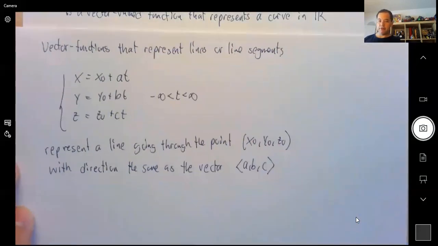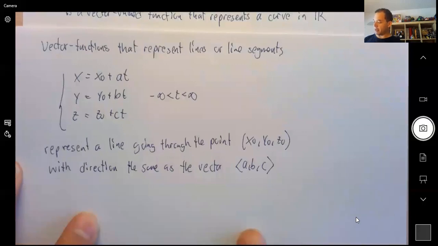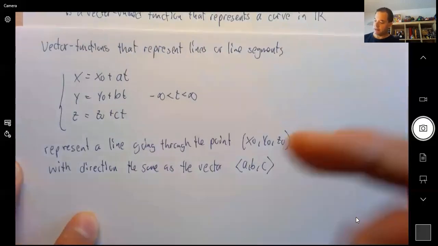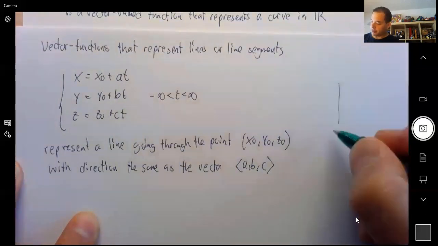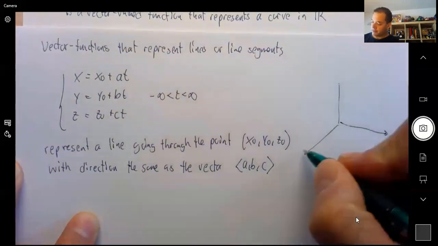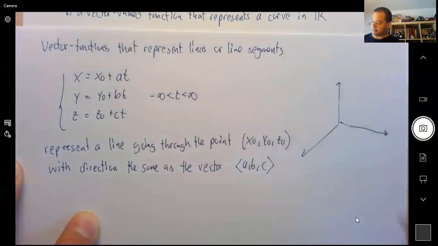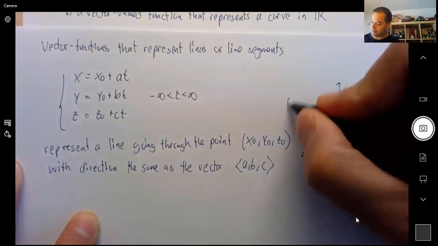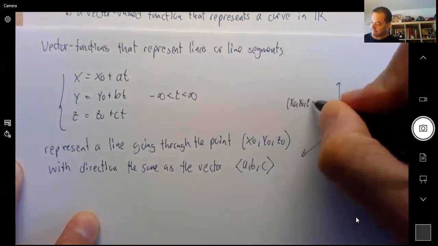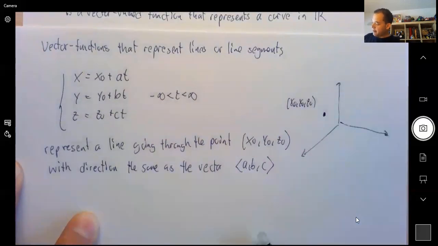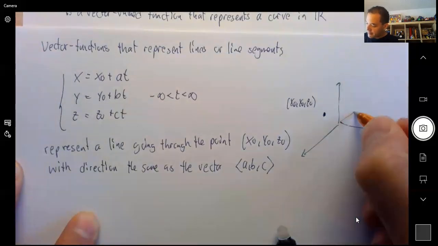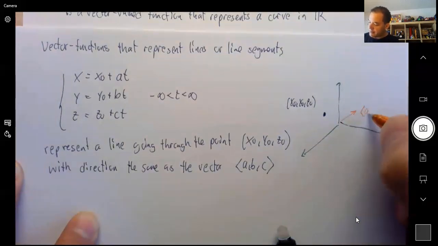All right, so here's the picture that you should have in mind. Remember, we're in three-dimensional space. We have this point x0, y0, z0, and we have a line that points in this direction, maybe. So this is a vector abc.